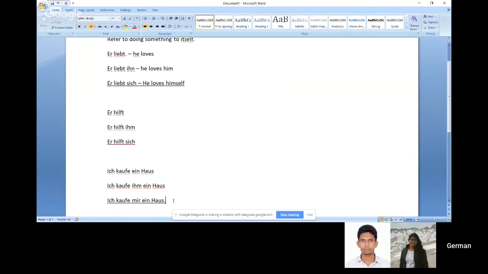This is reflexive verbing wherein you're using the verb for yourself, or the object is using the verb for itself. It is not using it for any other object. This is the basic difference between the reflexive verb and normal verbs that we know.